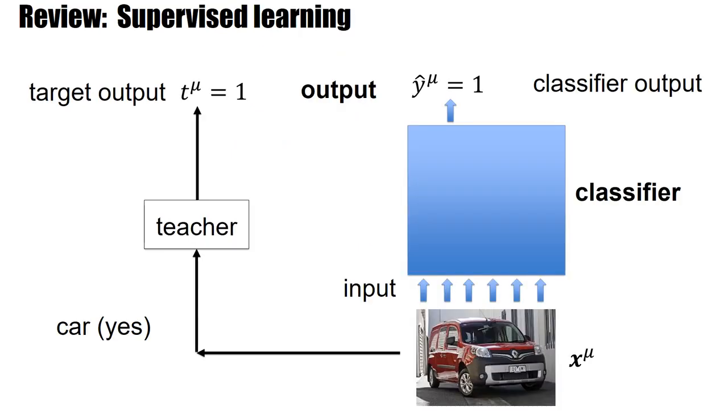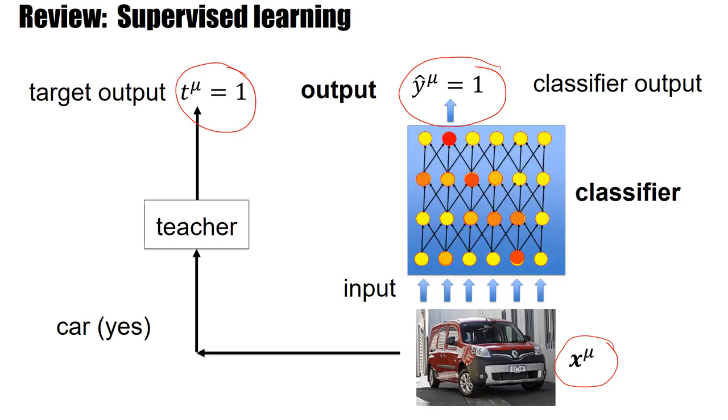We use these input patterns together with a target output to train our classifier. The classifier gives an actual output. What we would like to have is the actual output identical to the target output, and the classifier in our case is a neural network.